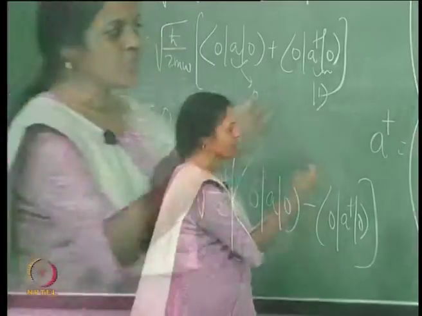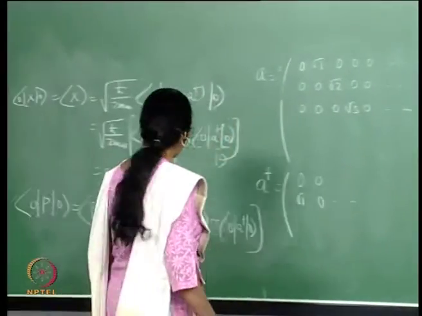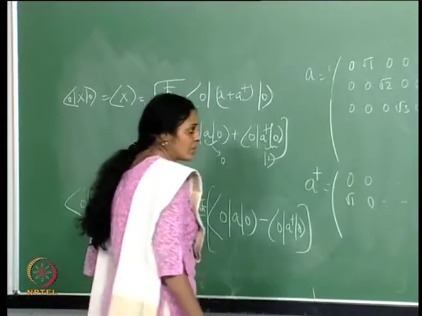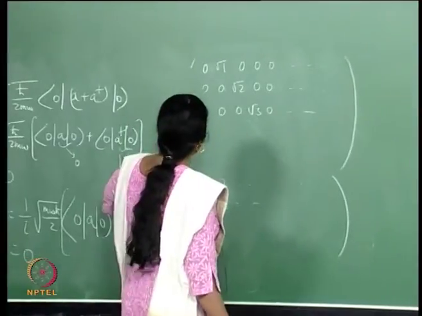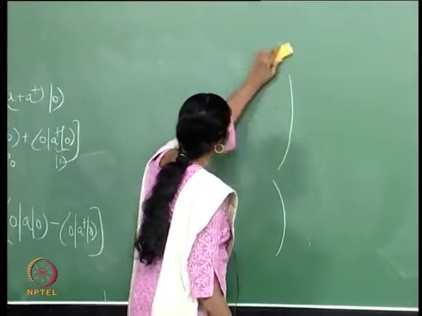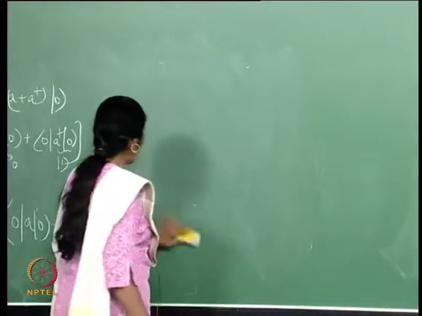So, I have expectation x is equal to 0 and expectation p is equal to 0, but the variance is not 0 because expectation x squared and expectation p squared are not 0. So, let us look at expectation x squared.